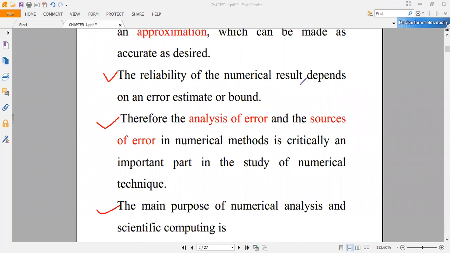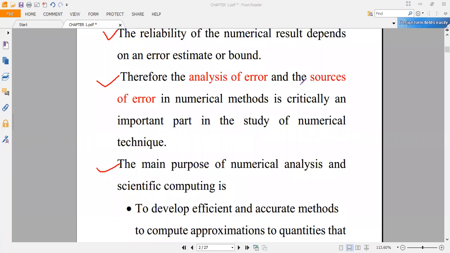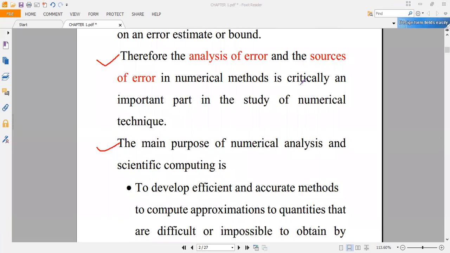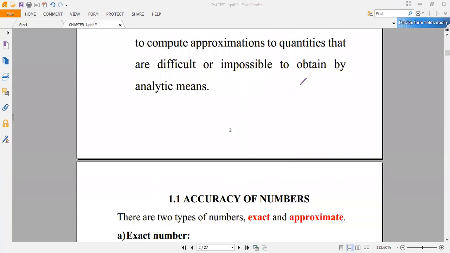The main purpose of numerical analysis and scientific computing, as we have said before, is to develop efficient and accurate methods, the fastest convergent techniques, to compute approximate solutions to given quantities that are difficult or impossible to obtain analytically.